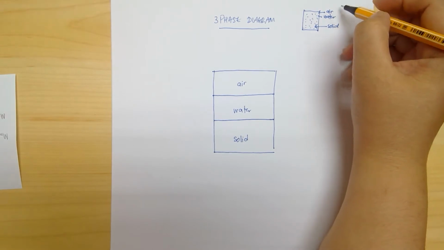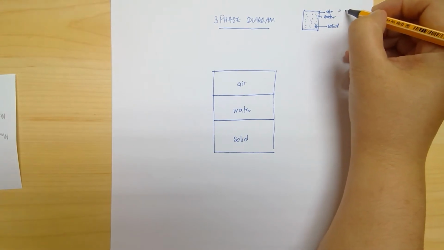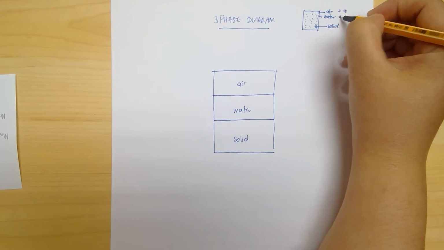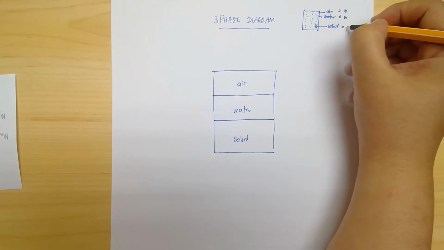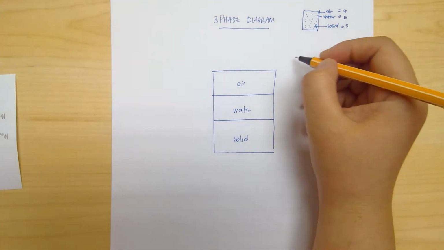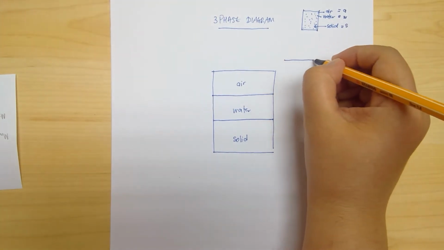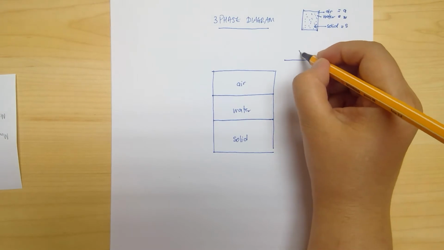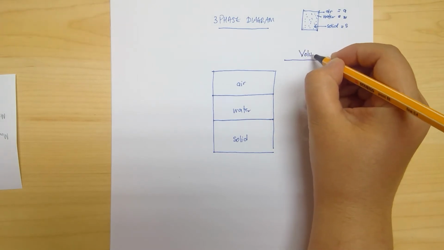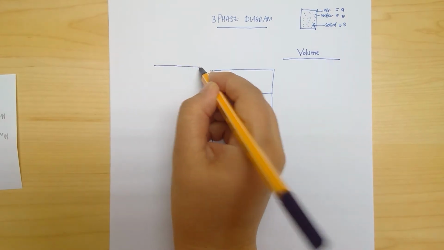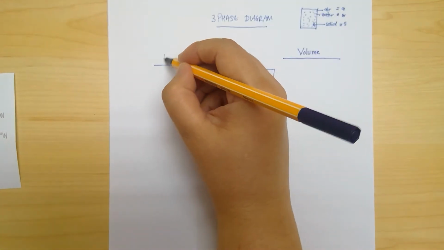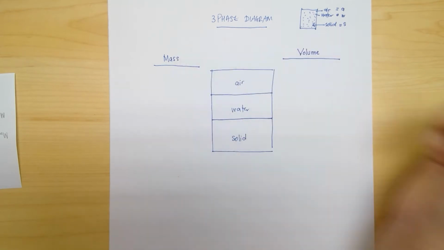Air will be represented by A, water is W, and solid or soil will be represented by S. At the right hand side, this is where we will put our volume equations, and at the left hand side, this is where we will put our mass equations.